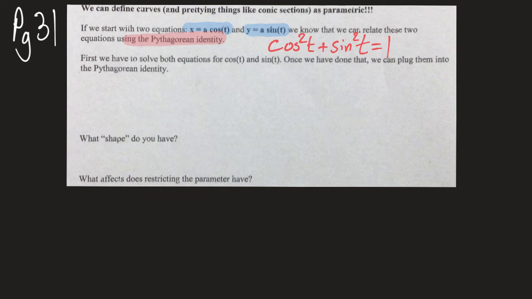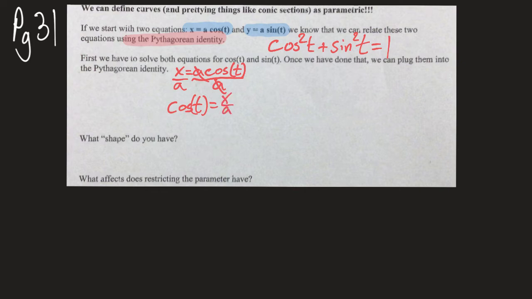So let's first take our x equals a cosine of t and solve for cosine of t. All that's going to involve in this case is dividing by a. The a's cancel out on the right side. We have cosine of t is equal to x divided by a.